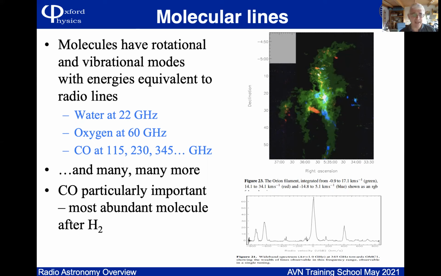Carbon monoxide is particularly important because it's essentially the next most abundant thing after hydrogen, but the hydrogen molecule is symmetric and doesn't have many of these rotational transitions, whereas carbon monoxide is asymmetric. Basically, there are more distinct angular momentum states, which means it produces lines which can be used to trace molecular gas.